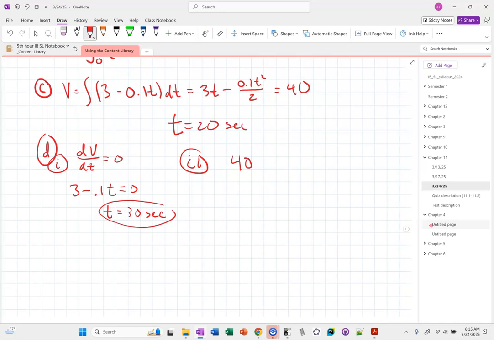I could do 40 plus the integral from 20 to 30 of that dV/dt, or I could do the integral from 0 to 30 of dV/dt. Either one should give me the same result.